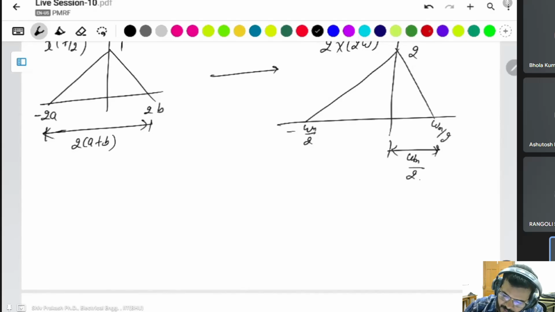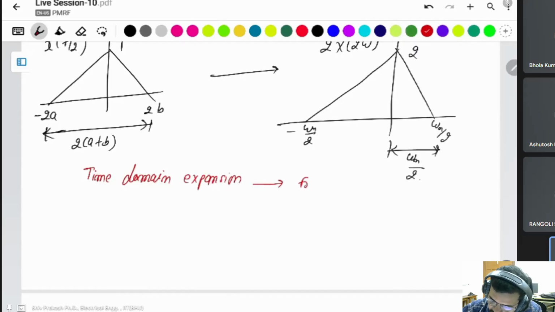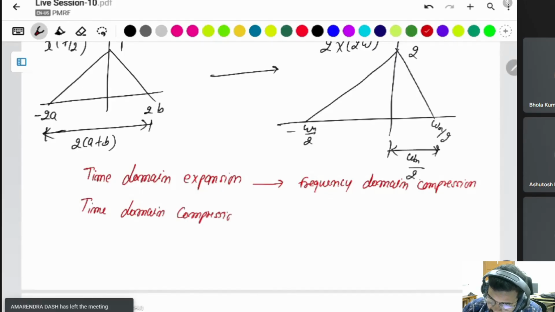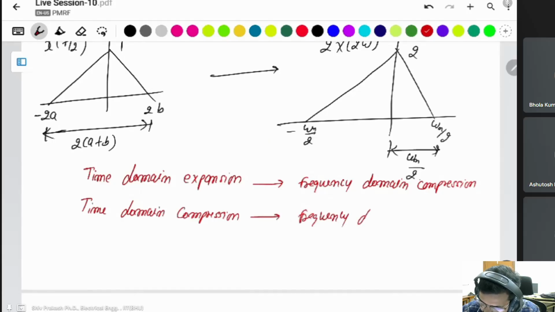That means you can say time domain expansion is frequency domain compression, compress the time axis, and same thing, time domain compression is frequency domain expansion.